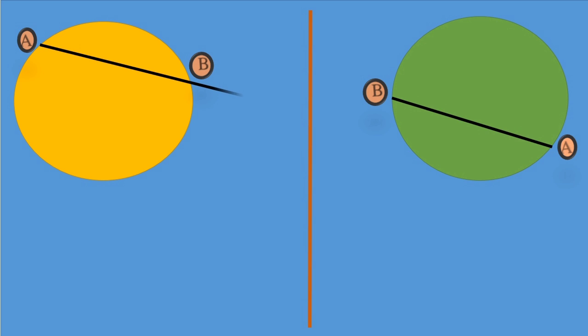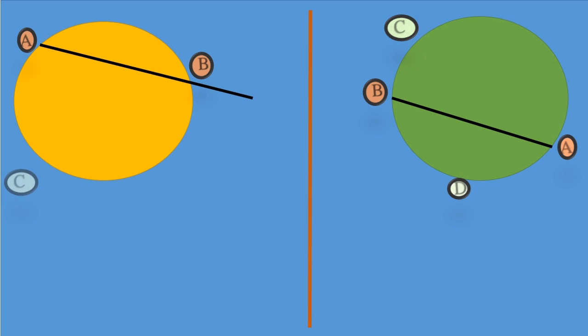Focus on this. Put the point C and point D in the first circle. Point C and point D are two points belonging to the first circle. If I join C and D in the first circle, it must intersect AB at a point.